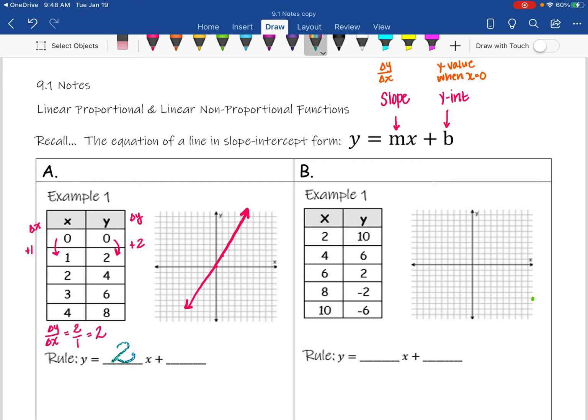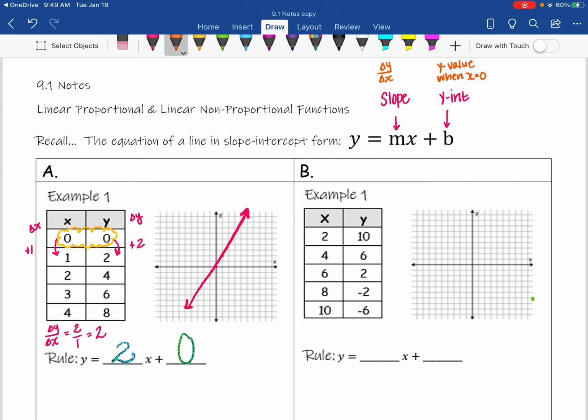And then I also need to find my y-intercept. My y-intercept is in the table when x is 0. I'm looking at the y value for that, and that is 0. So I'm going to put that into my rule. So my equation for example 1 on side A is y equals 2x plus 0. Okay. All right, let's take a look at the second one.